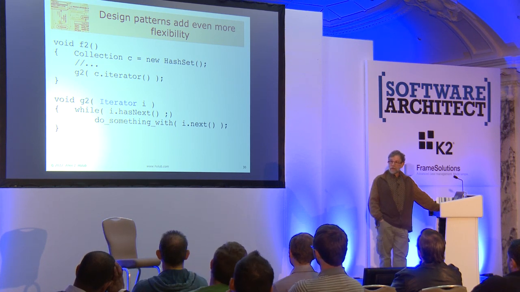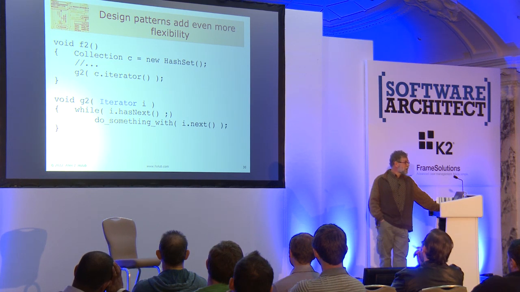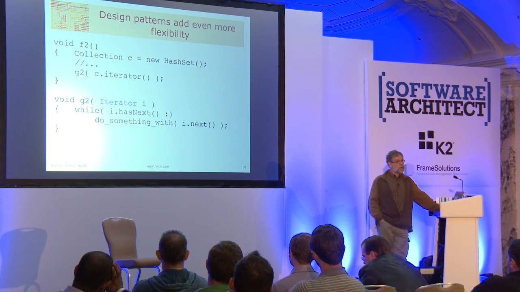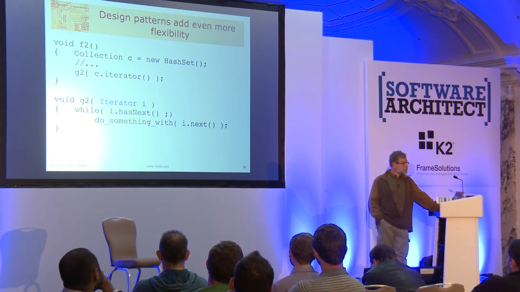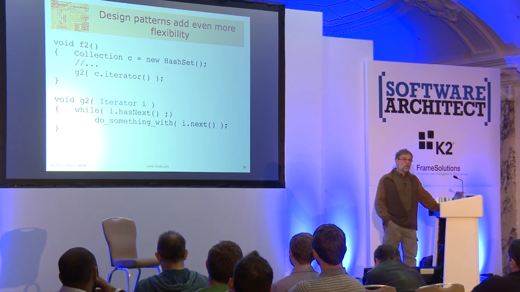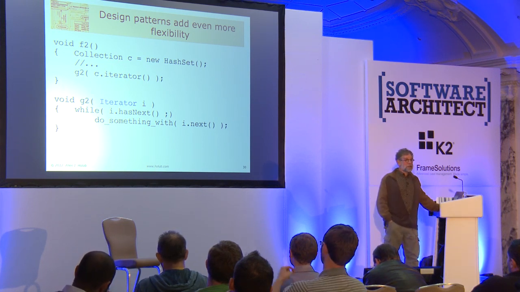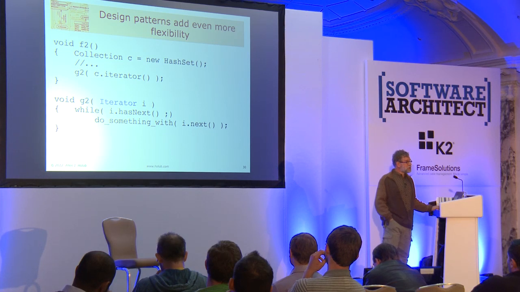So by thinking in terms of even more abstraction, outside of the class hierarchy per se, you can end up with even more flexibility than if you were staying inside the class hierarchy. Abstraction is good. If all that you are doing with the collection inside your method is pulling an iterator out of it and then iterating across it, you're better off passing the iterator in if it's flexibility that you want.